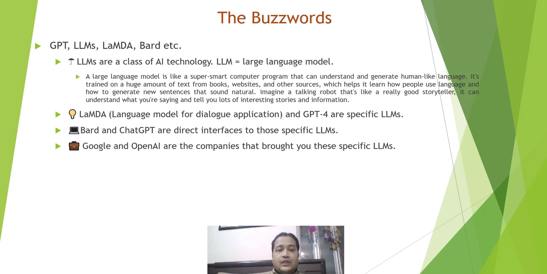A large language model is like a supercomputer that can understand and generate human-like language, because it is trained on a huge amount of data, which could be from textbooks, audios, videos and different sources. This helps it learn how people use language, and then helps ChatGPT generate new sentences in natural language. That is called an LLM, a large language model.